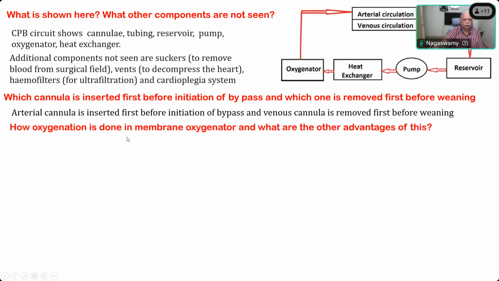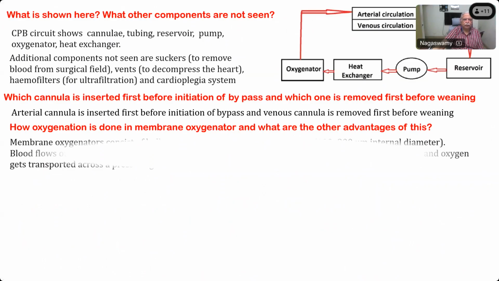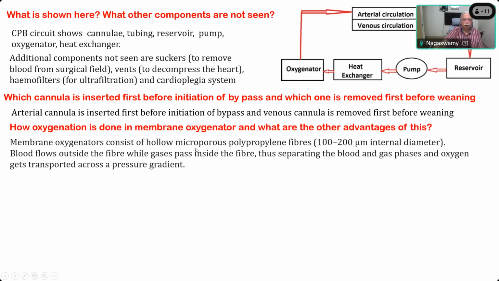How is oxygenation done in a membrane oxygenator? What are the other advantages of this? Diffusion, sir. Correct, diffusion. But how? What does the membrane oxygenator contain? Right. Membrane oxygenator consists of hollow microporous polypropylene fibers, which are of 100 to 200 micron internal diameter.